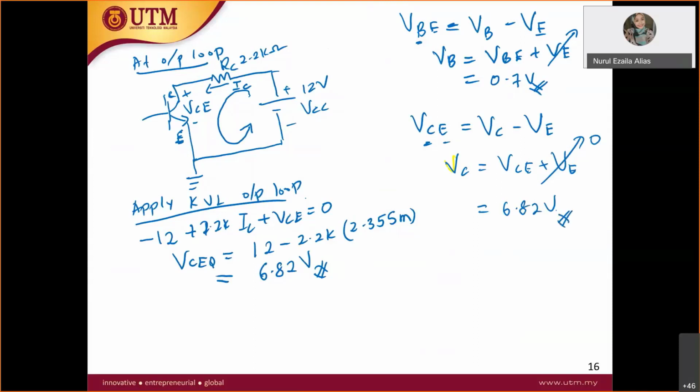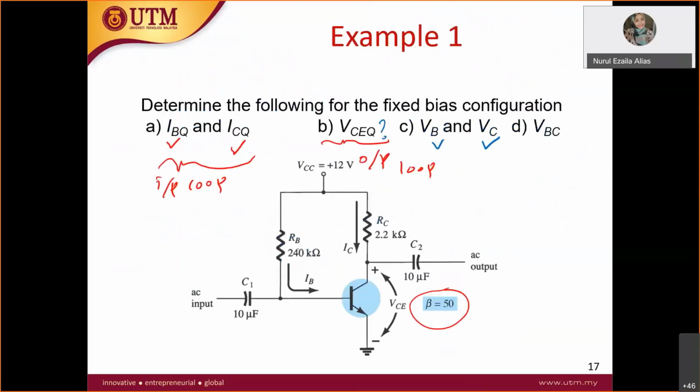Where is actually your VC? It is from this node to the ground. What can you see from the collector to the ground? You can only see VCE. So that's why VCE is equal to VC. So now you have gotten the VB and VC.